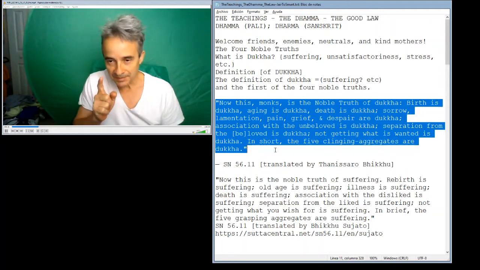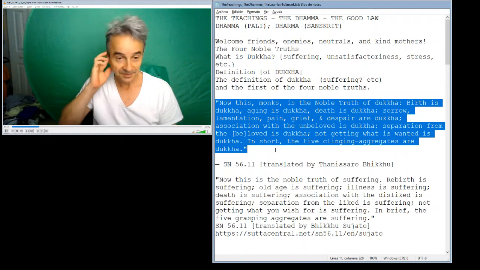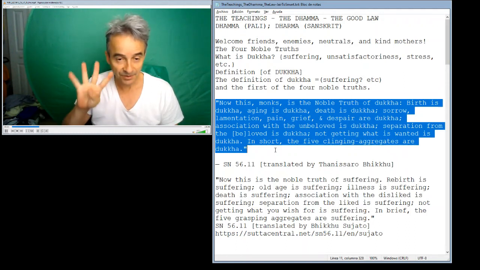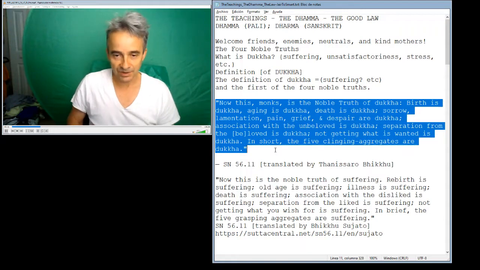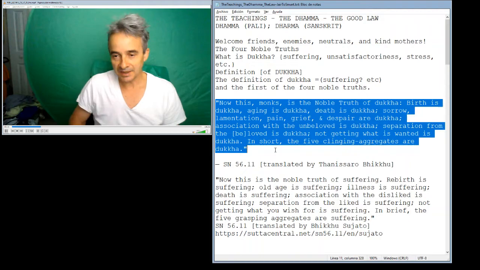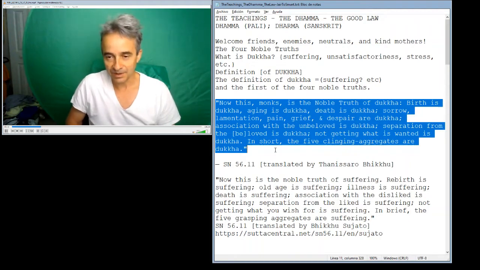Now this, monks, is the noble truth of dukkha. The first of the Four Noble Truths is the Noble Truth of dukkha. Birth is dukkha, aging is dukkha, death is dukkha, sorrow, lamentation, pain, grief, and despair are dukkha.